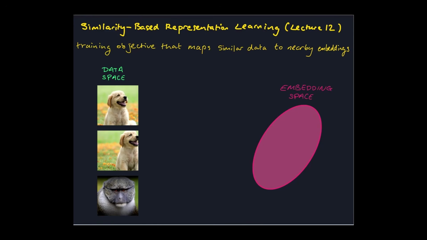Last time, I think you were learning about some aspects of representation learning. There was this idea of developing contrastive learning techniques, where you try to learn embeddings of your data, and you specifically want to take similar data points and map them to nearby embeddings.